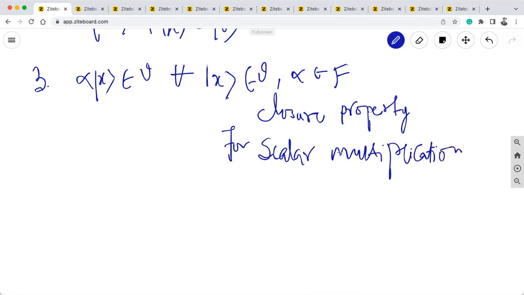So these are the basic requirements, or the definition, of a vector space, and we will be looking at a much bigger picture, for which we need the term vector subspace.